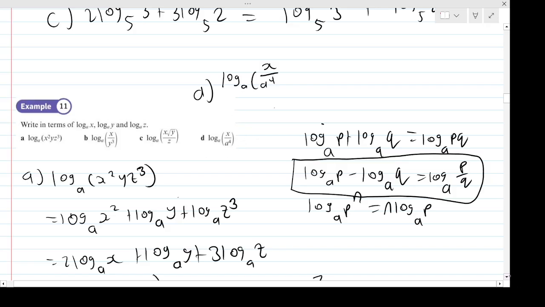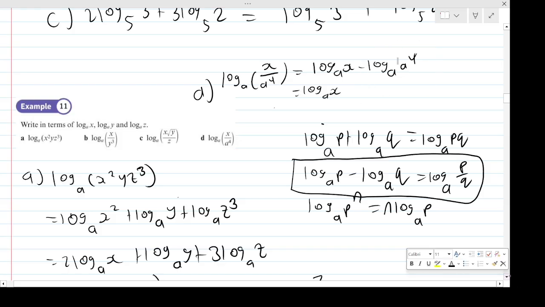Firstly, we've got a quotient, so we can split up the division as log a of x, the top part, take away the bottom part, log a of a to the 4. Log a x is great. But for log a of a to the 4, firstly we can move the 4 to the front, so that's going to be minus 4 log a of a.